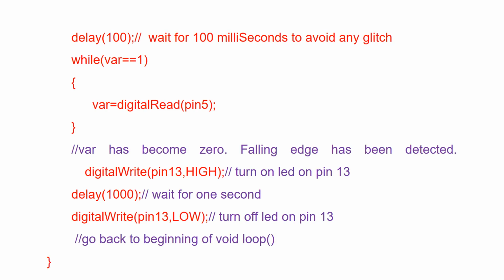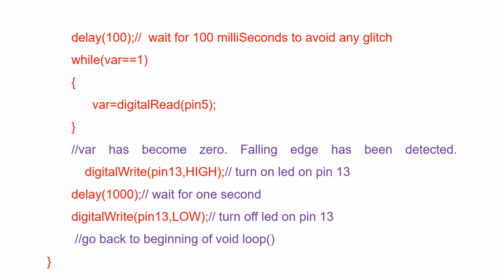Now we will write while function. So type with a single tab space while, open the small bracket, var equal to 1, type closing small bracket. Go to the next line, open the curly brace with a single tab space.